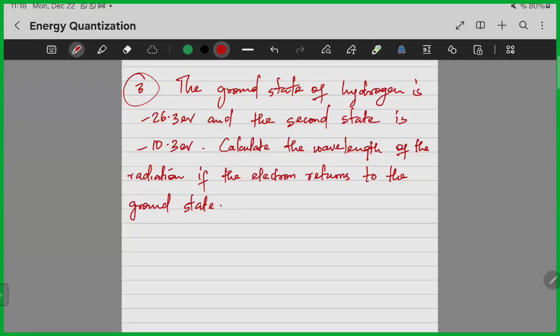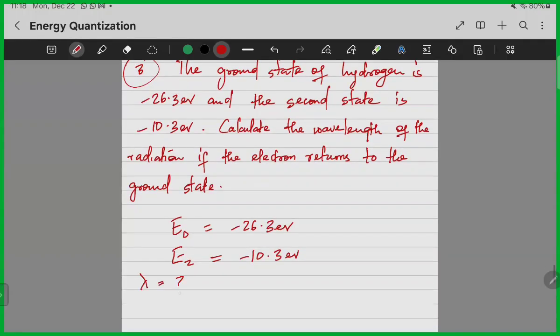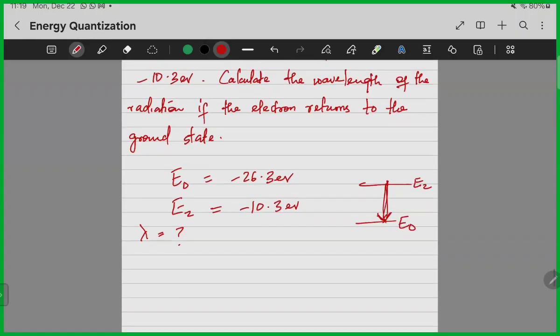So now let's establish what we are given and what we are asked to find. We are given the ground state, which I can write as E naught, to be minus this, and we are given the second state, and we have to calculate wavelength. So if it returns to the ground state, the idea is that it returns from E2 to E naught, and for it to return, let's find that energy difference.